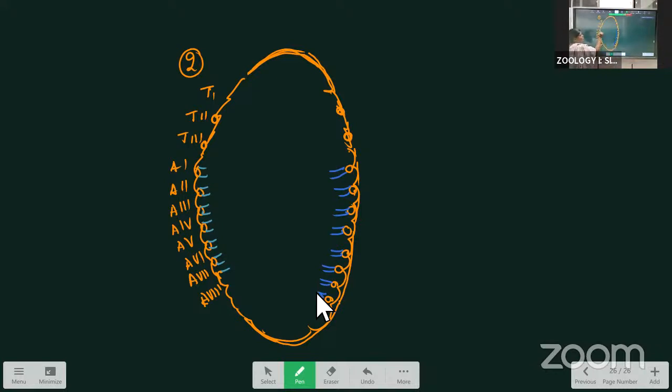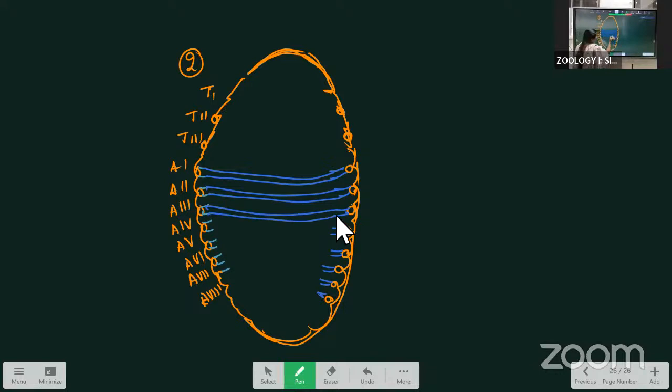Here the abdominal segments, you join like this. This one is the ventral trachea.